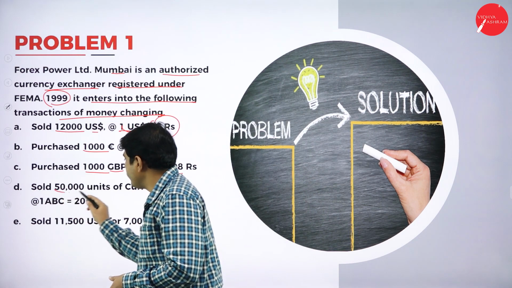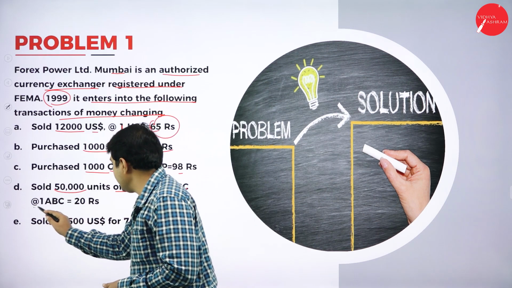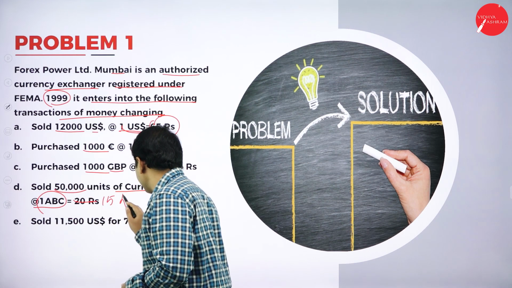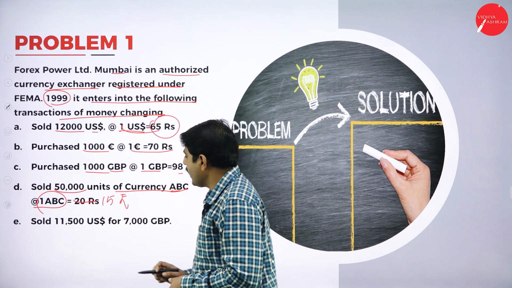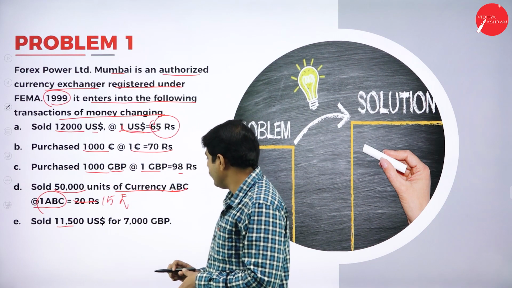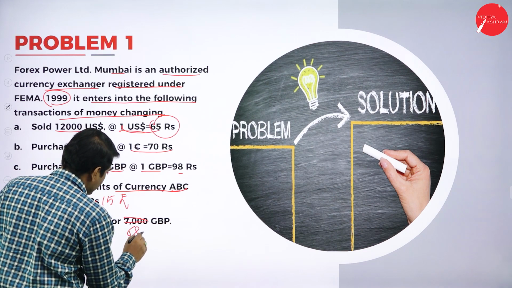And it sold 50,000 units of ABC currency at 1 ABC equals 15 rupees, and it sold $11,500 for 6,800 GBP.